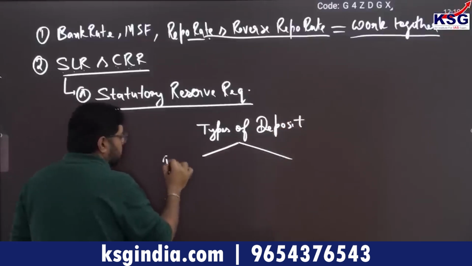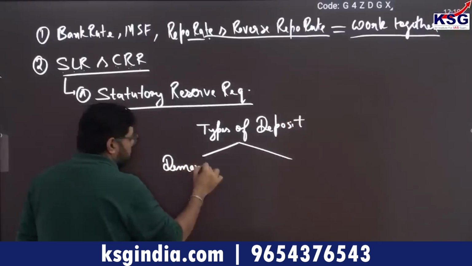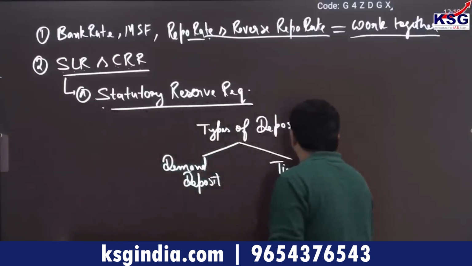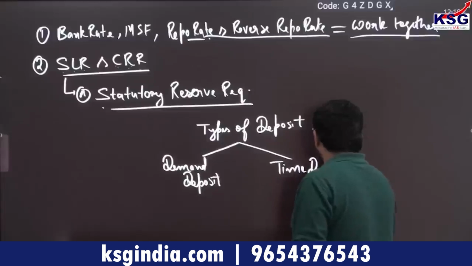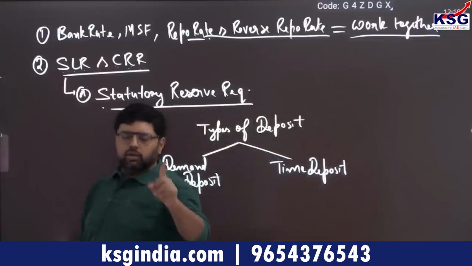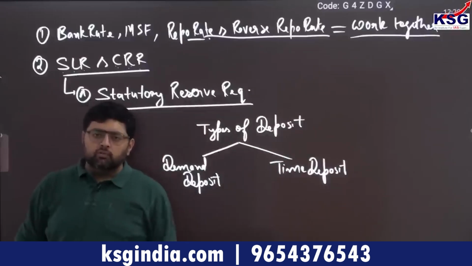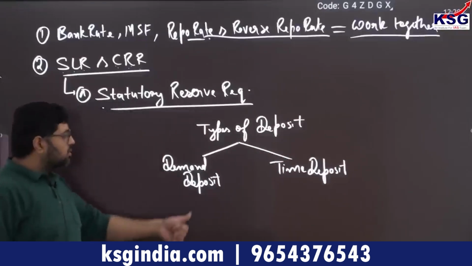One is demand deposit, and another is time deposit. Whenever you go to the bank, the bank will ask you which type of deposit you want to maintain, demand deposit or time deposit.